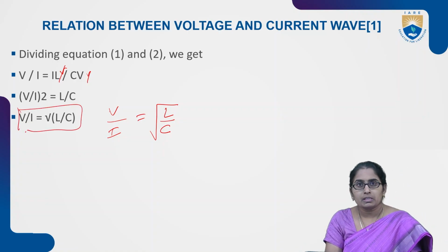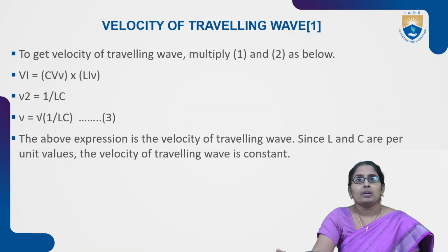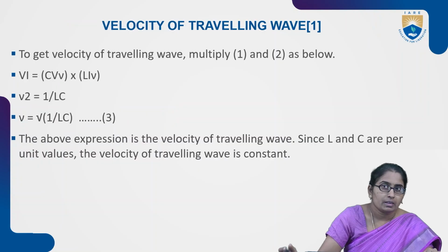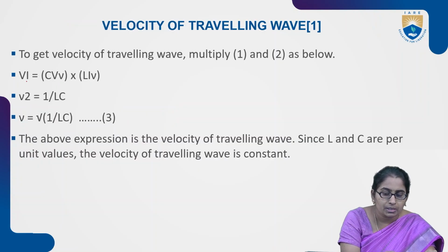Now, from the same equation 1 and equation 2, multiplying equations 1 and 2, what will we get? Capital V into capital I is equal to C V small v into L I small v.